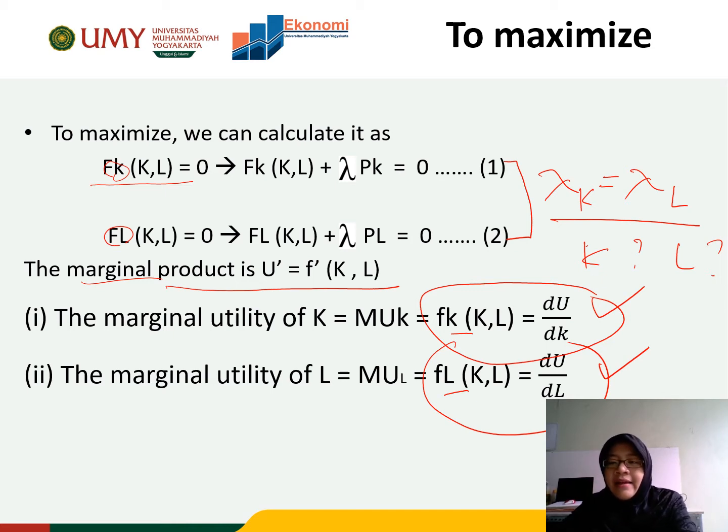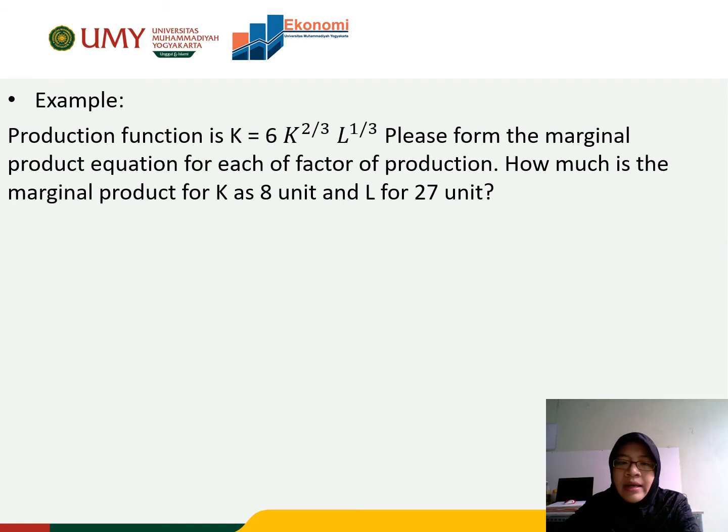Okay, we will talk more. Now we will do a mathematical example using the problem here. If we have the production function 6K^(2/3)L^(1/3), please form the marginal product.